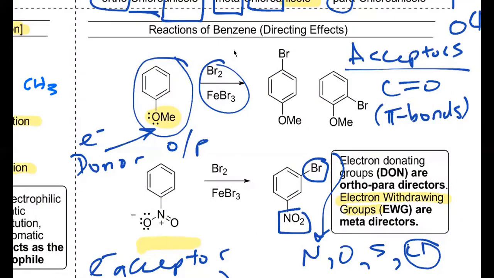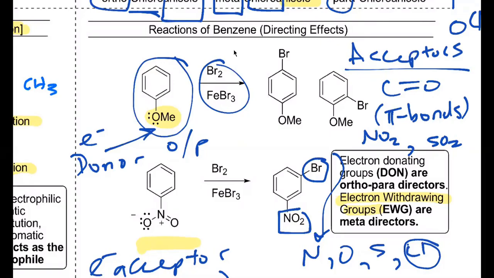Whether it's a carbonyl or alkene or alkyne, it doesn't matter. Nitro groups are great acceptors, right? Sulfonyl groups are great acceptors. So your acceptor is anything that can accept a pair of electrons, either by resonance or by induction, right? Anything that can pull away electron density from the ring, either by resonance or induction.